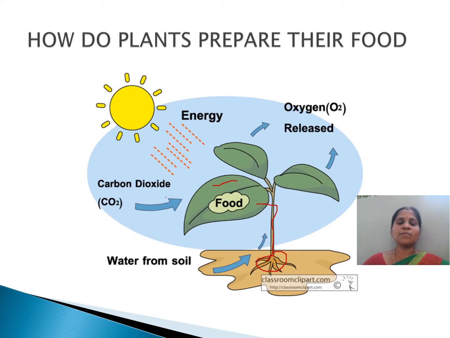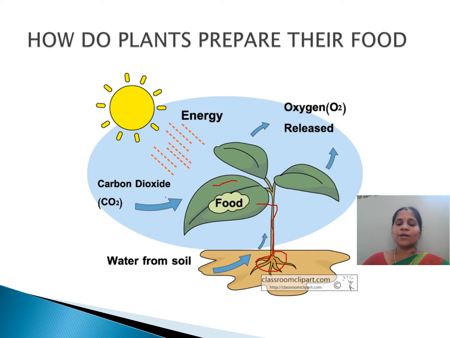This chlorophyll absorbs the sunlight, and the water and minerals are absorbed by the roots and sent to the stem. The stem will carry the water and minerals to the leaf, and the stomata will absorb the carbon dioxide.